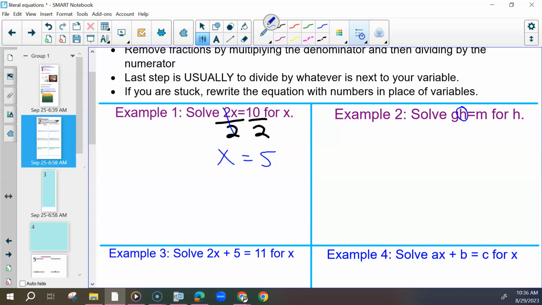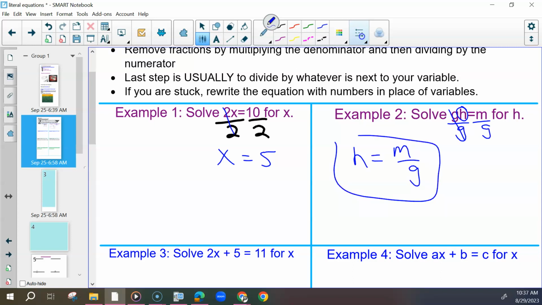So we would divide both sides by g, and you would show that you're dividing both sides by g, so that the g's cancel. But m and g are not like terms, so we can't do anything with that. We would just have this equation, h equals m over g. That would be our final answer.